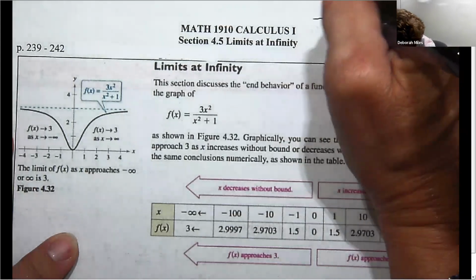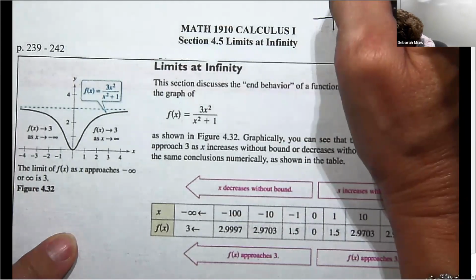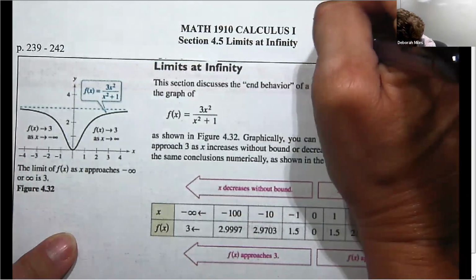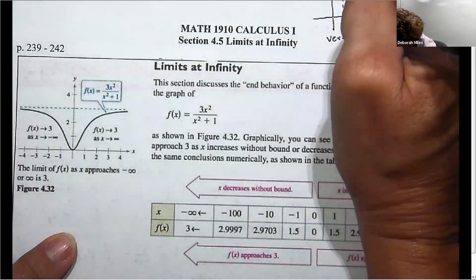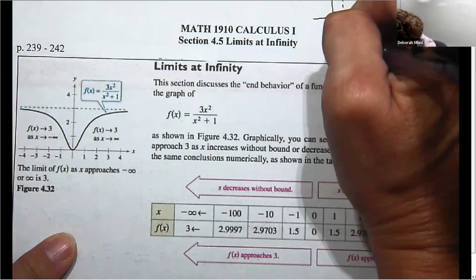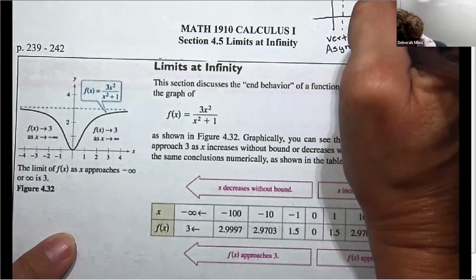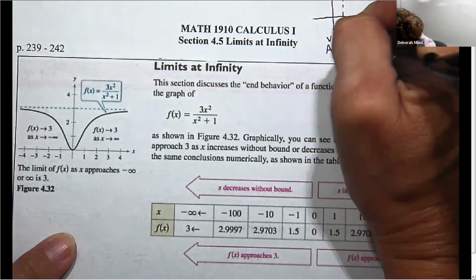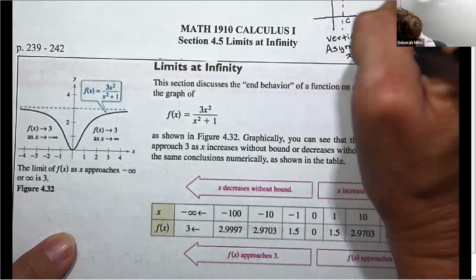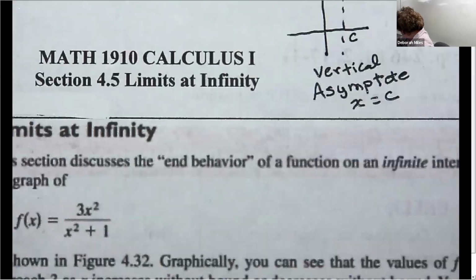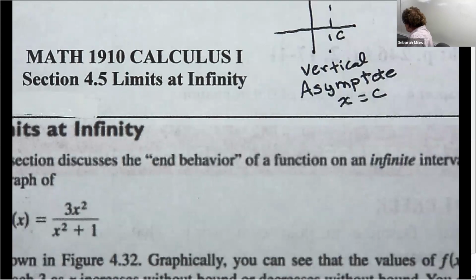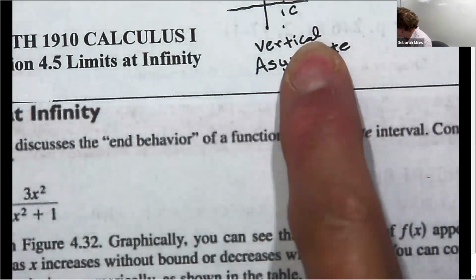If we had a vertical asymptote at x equals some number c, what did that mean happen to the graph? What happened to your y values as x approaches that vertical asymptote?